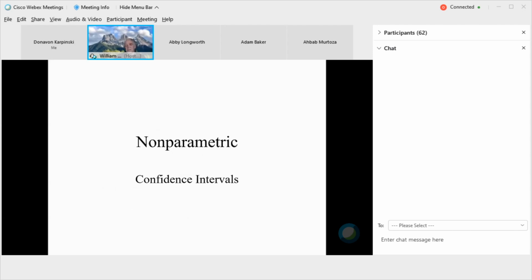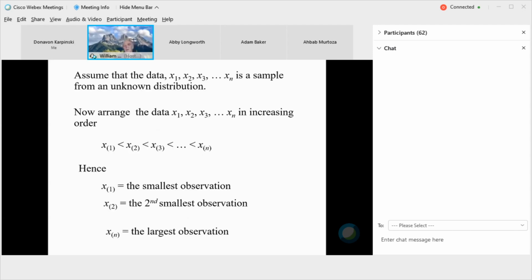Confidence limits. Suppose we've got data collected from a sample. Arrange the data in increasing order. When you put brackets around the subscript, that means it's been arranged in increasing order.